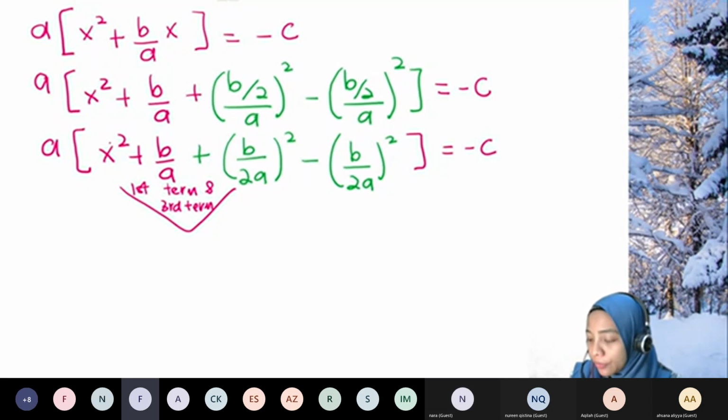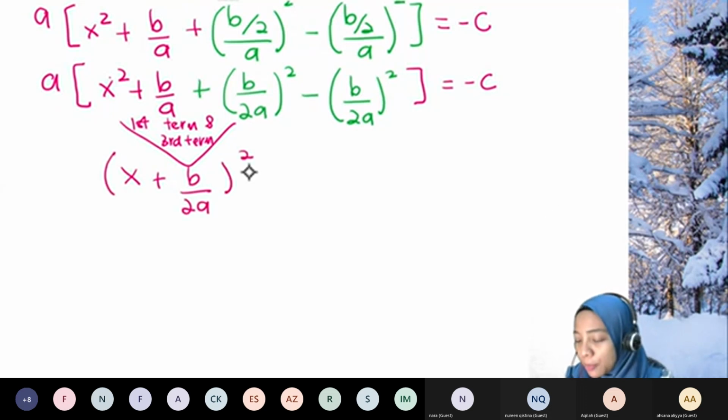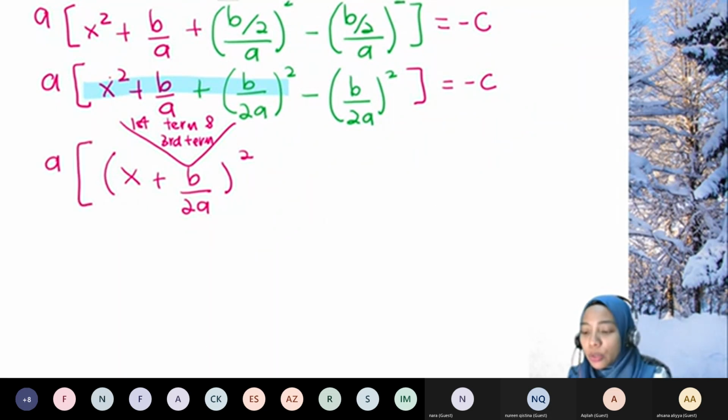Without apa? Without the square root. So X plus, without the square, X plus B over 2A square. Bila you expand ini, you akan dapat ke semua ketiga-tiga term ini. You tak percaya, you expand lah. Okay, you expand. Okay, jangan lupa you masih ada A di luar.